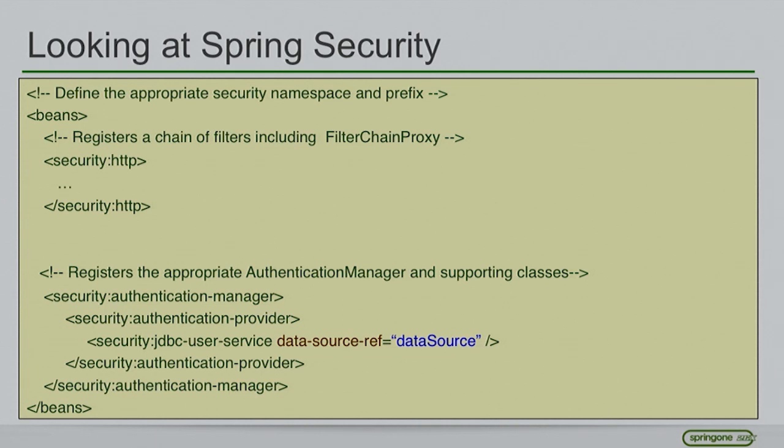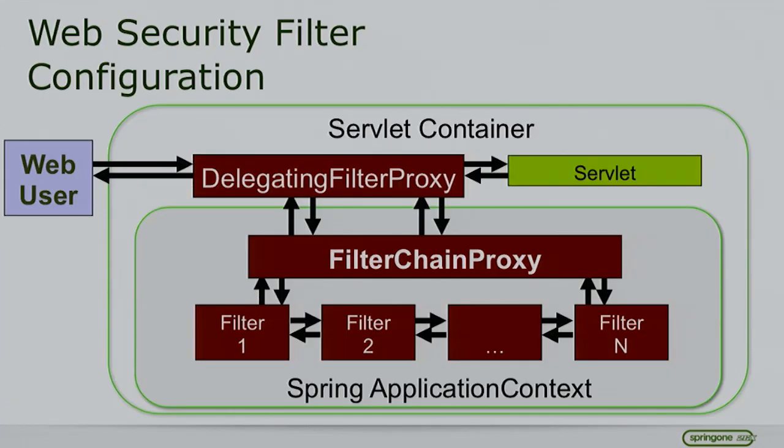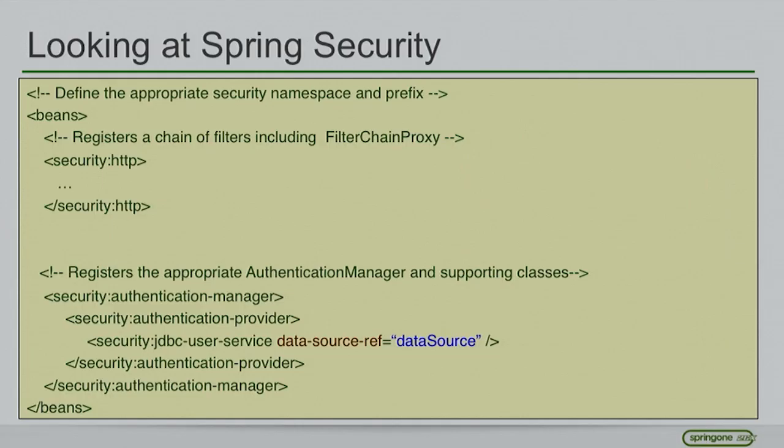So if you have the Spring Security libraries from that project in your classpath, then you can go ahead and add those tags to your namespace and then declare Spring Security here. And security:http actually does quite a lot of this configuration right here. All of that gets configured behind the scenes automatically.